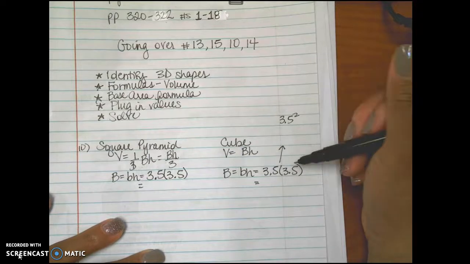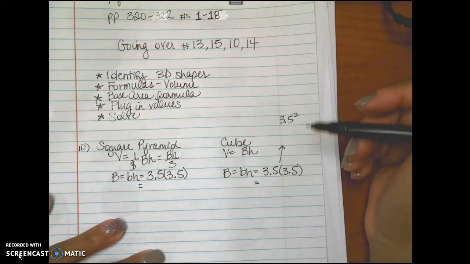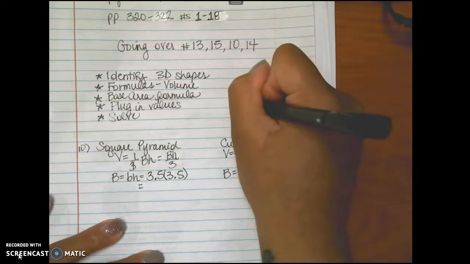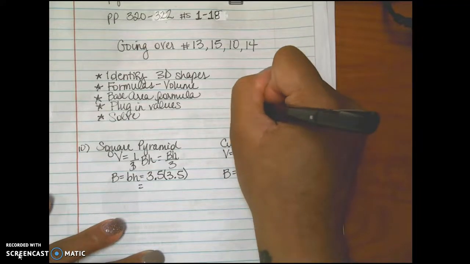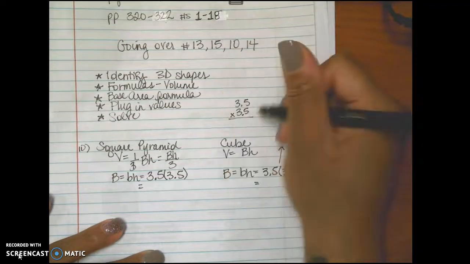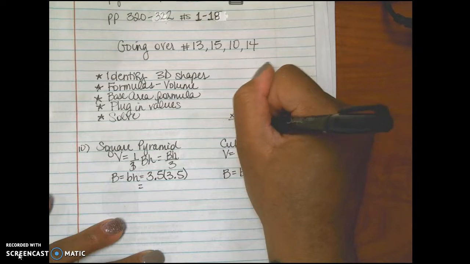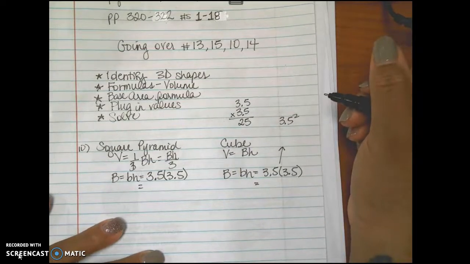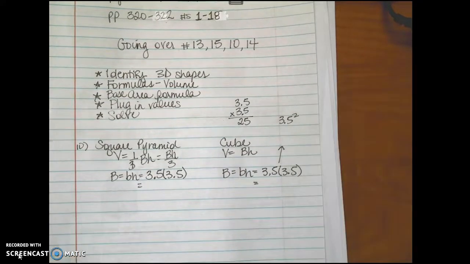Okay. 3.5 times 3.5. What was the trick that I showed you? Do the 5 times 5, which is 25. Then what do I do with the 3's? Not add them. Multiply.